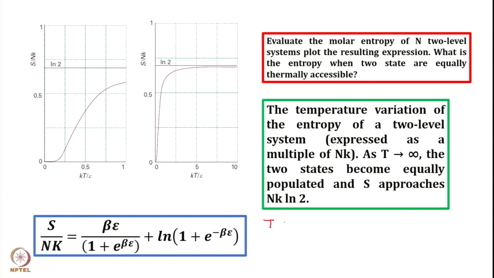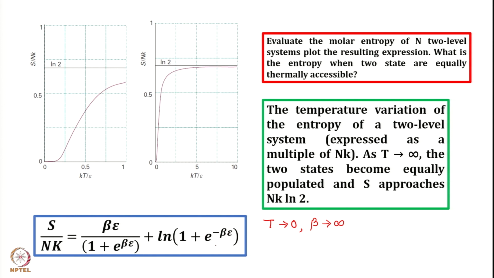When temperature approaches 0, then beta, which is equal to 1 over kT, approaches infinity. But here there is infinity in the denominator, and here minus infinity.